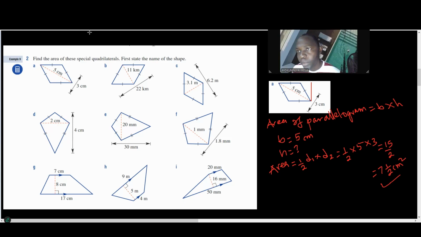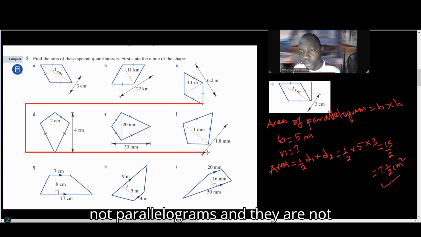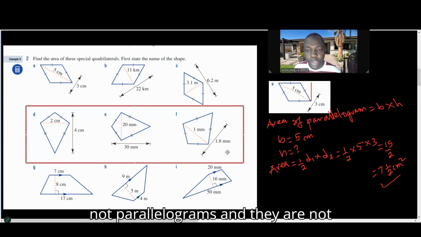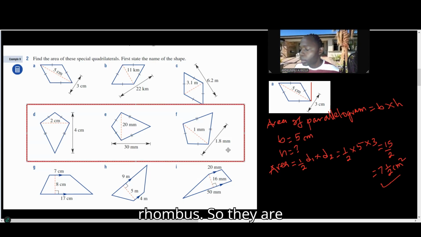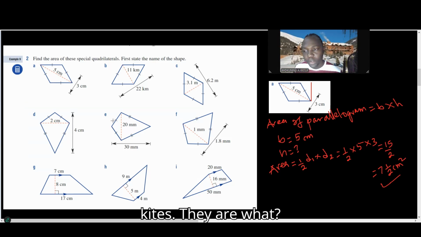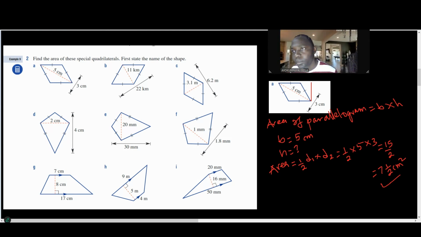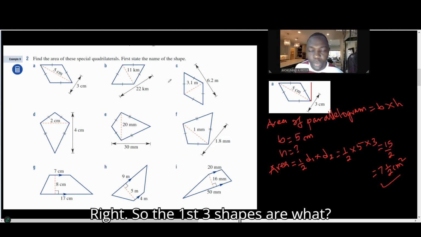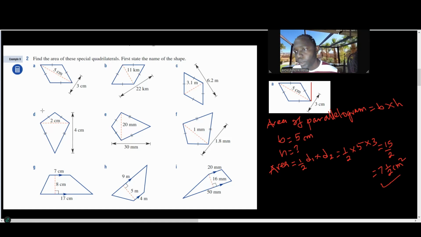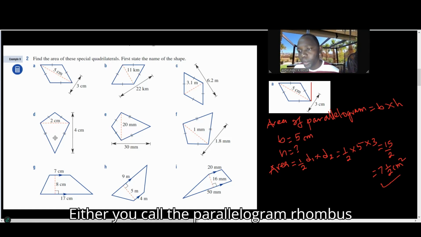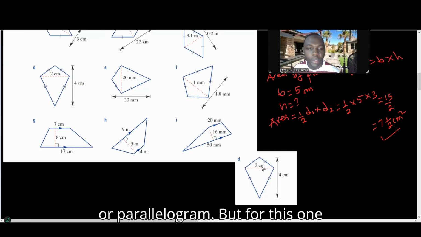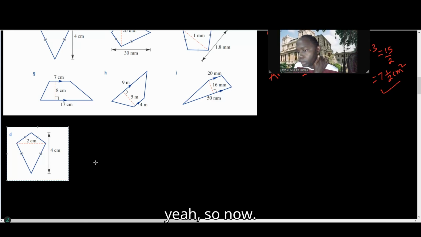All these shapes are not parallelograms and they are not rhombuses. So they are kites. The first three shapes you can call parallelograms or rhombuses, but this one is a kite.